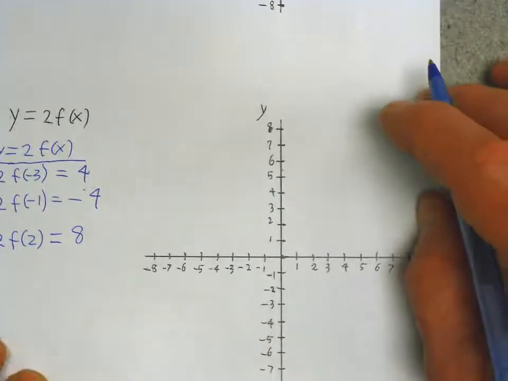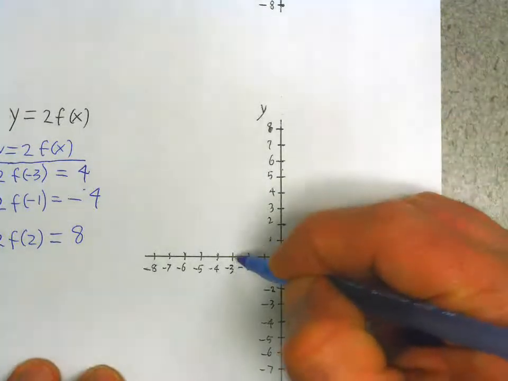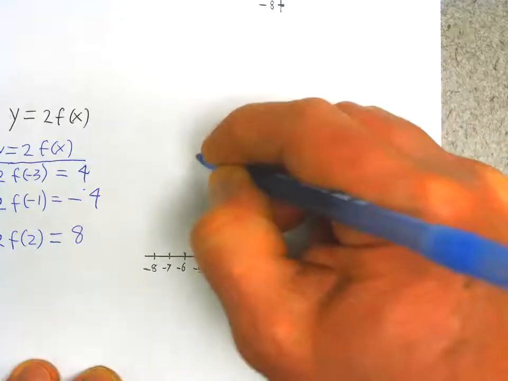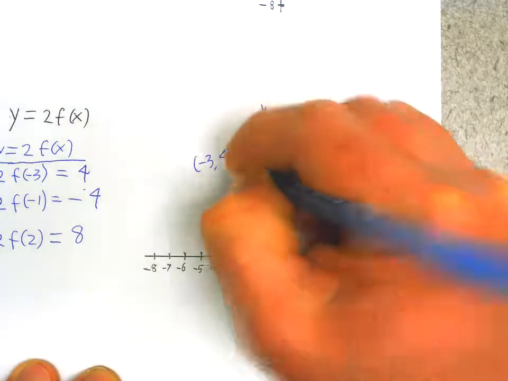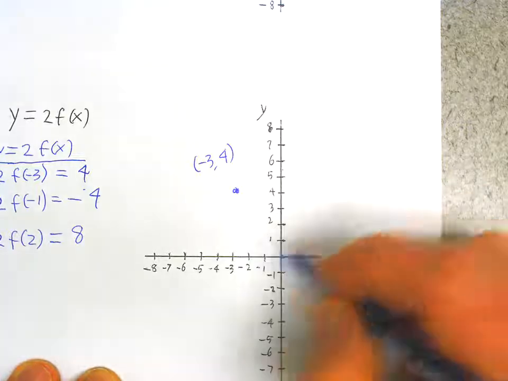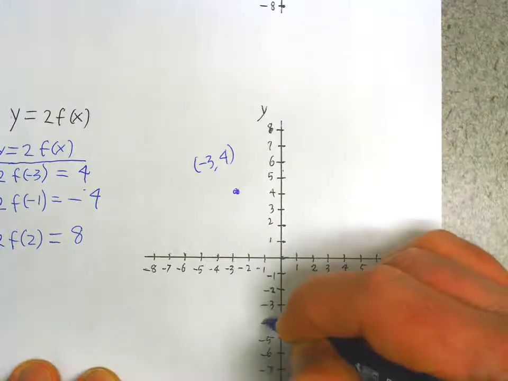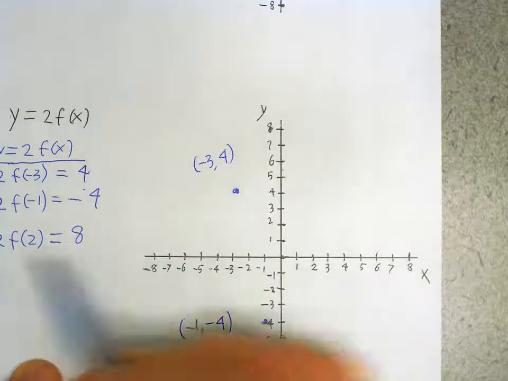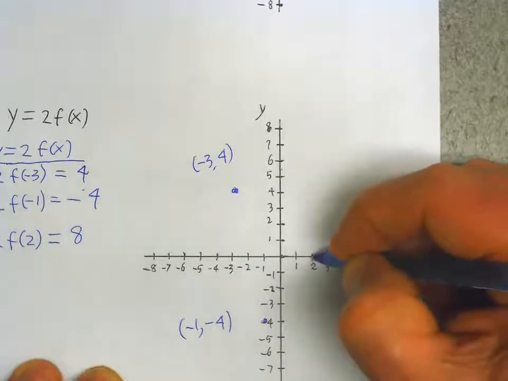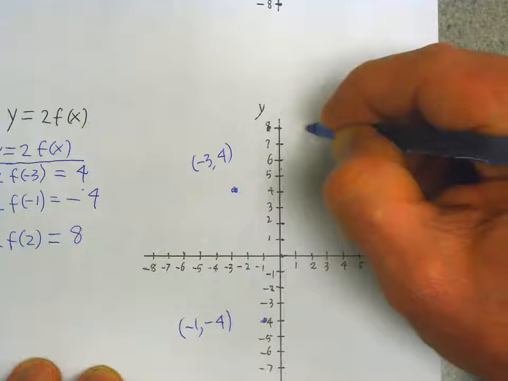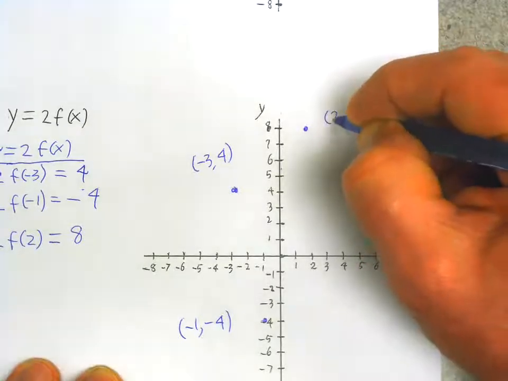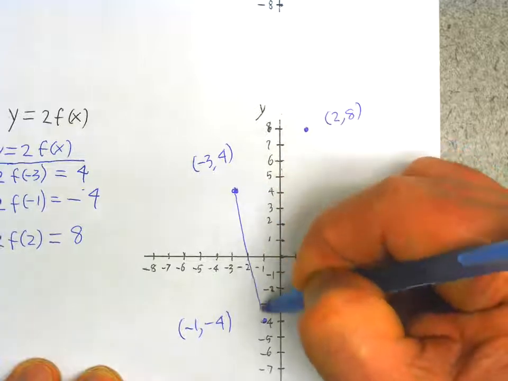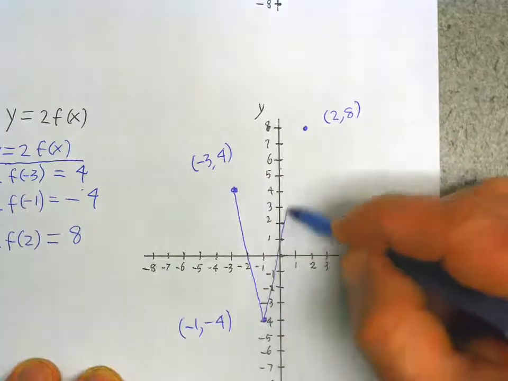Okay, so we'll plot those ordered pairs, -3, 4. Just about right there, -3, 4. -1, -4. It's down there. And then 2, 8 is about here. And then we connect the dots.